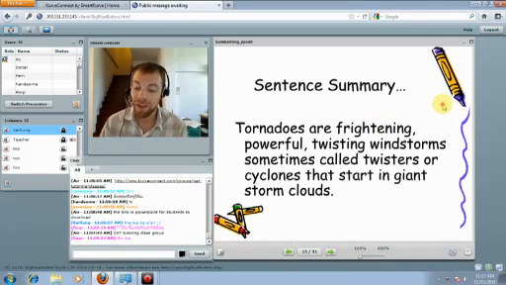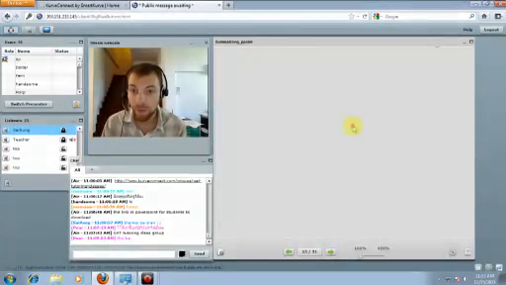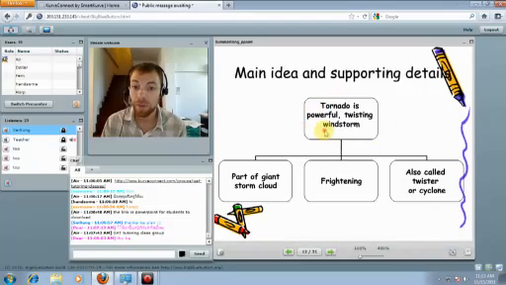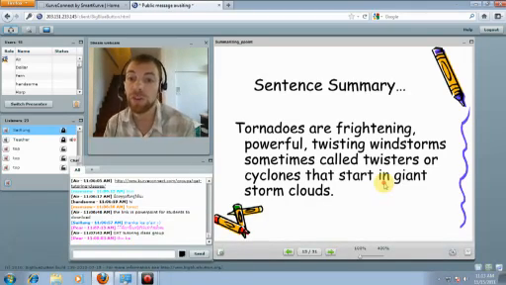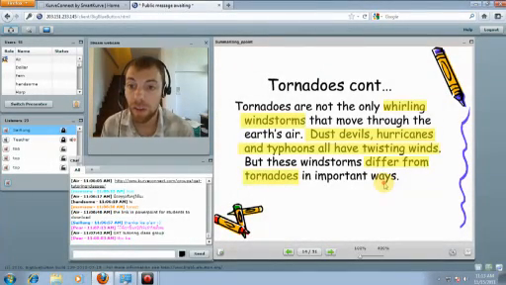So we made all of our details from before, all of our ideas and our 3 details, we turn into one easy sentence that is very clear, and it helps us discover our main idea and what we are talking about. Very easy. Let's go on to another one here.